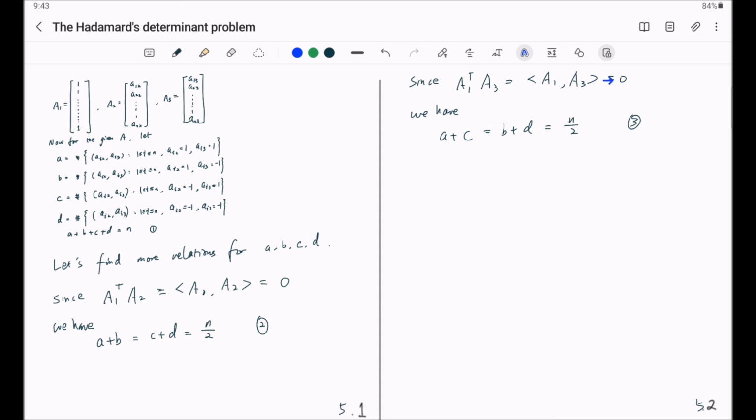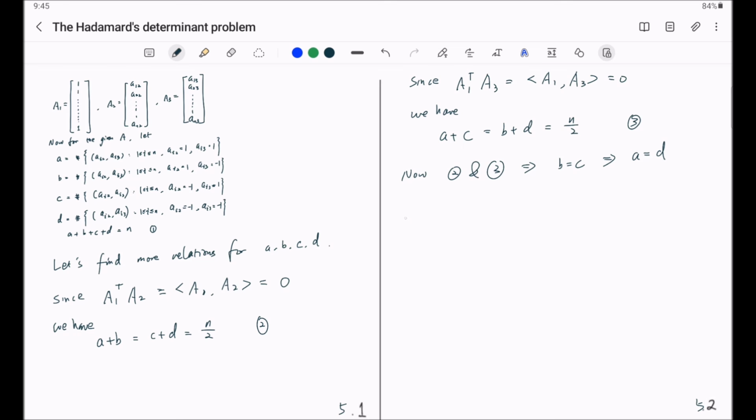In order to make this inner product 0, they must be equal to half of n, so that they cancel out. Now, equation 2 and equation 3 together will give us, because A plus C is equal to A plus B, B must be equal to C. And because B is equal to C, we can cancel B and C here and get A equal to D.